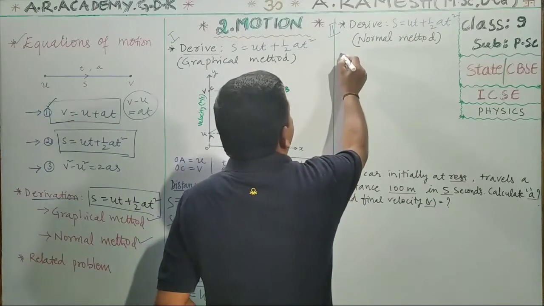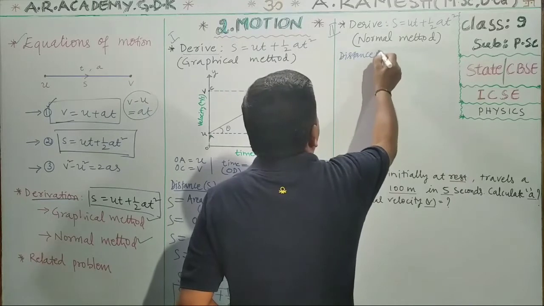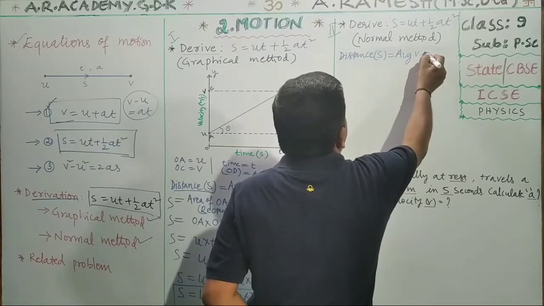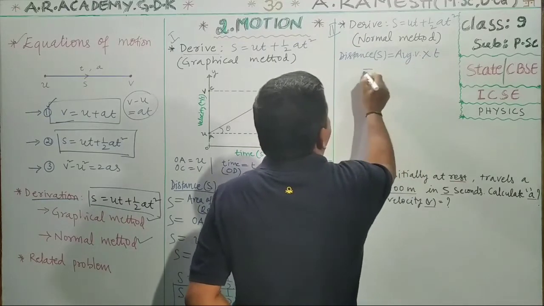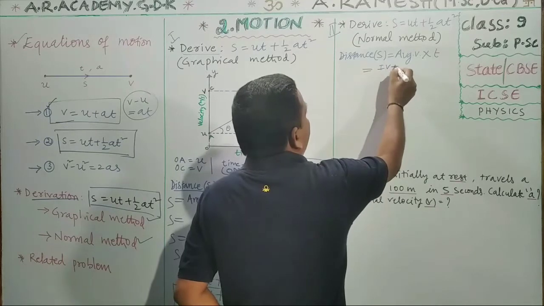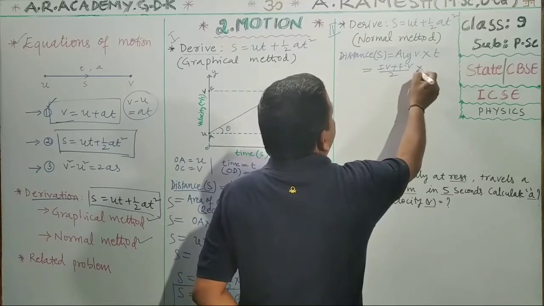Distance S equals average velocity into time. Average velocity is what, children? Initial velocity plus final velocity by 2, into t.